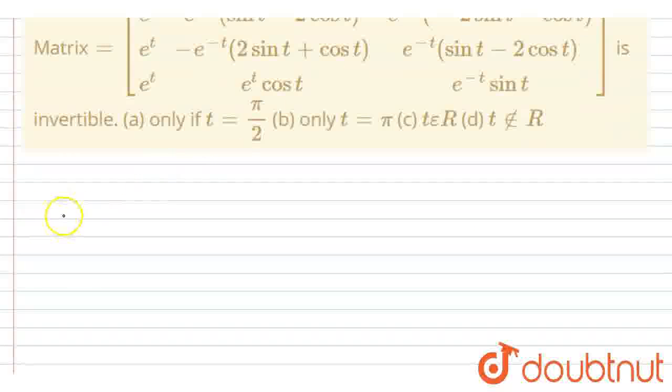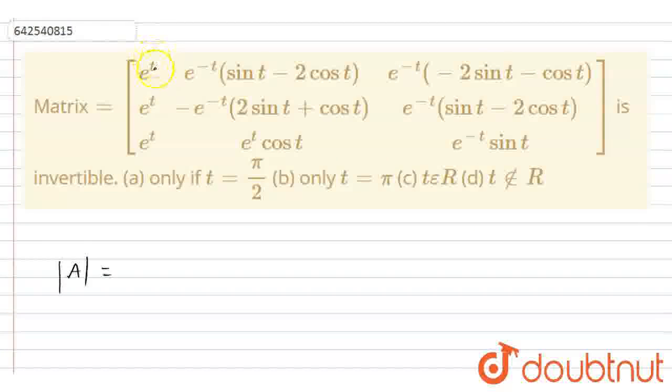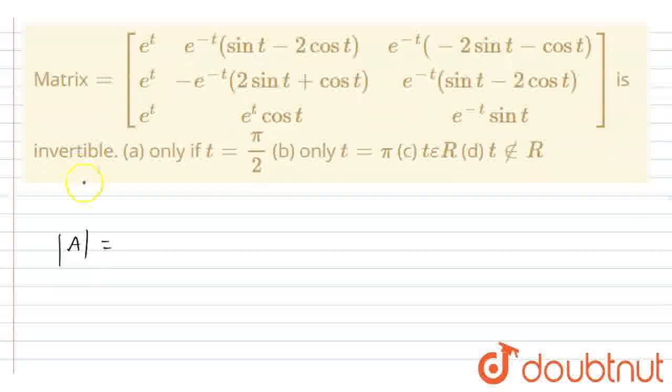First I am going to the matrix A. In this matrix, from the first column I will take e^t, here from the first row I'm going to take t, so it will become e^t. Here e^(-t). Okay students, so e^(-t) and e^(-t) I am going to take.